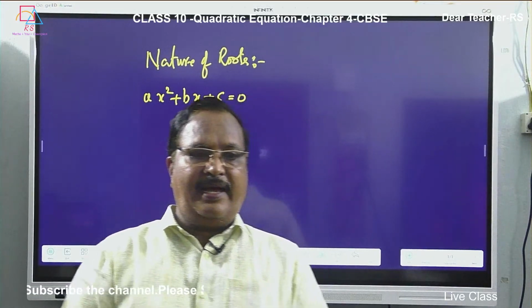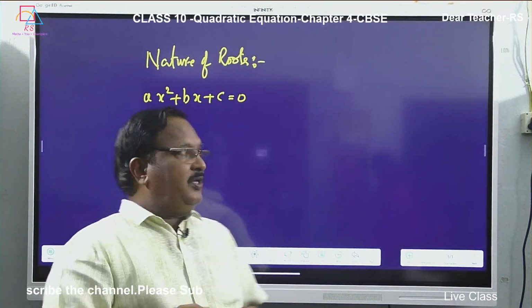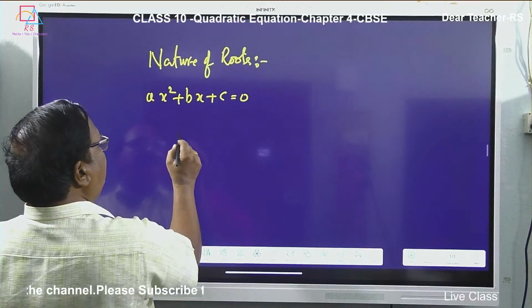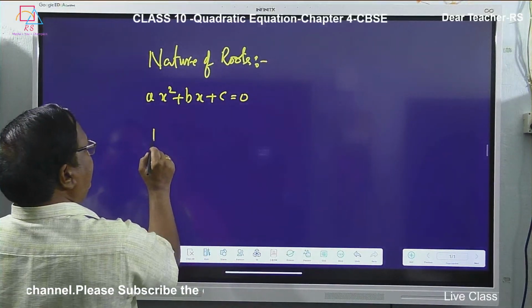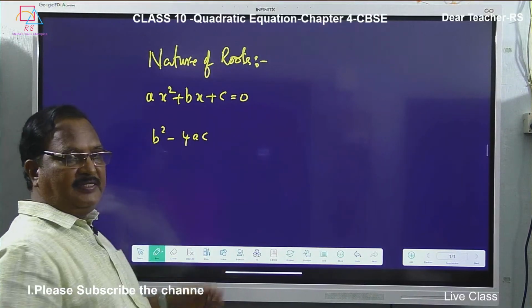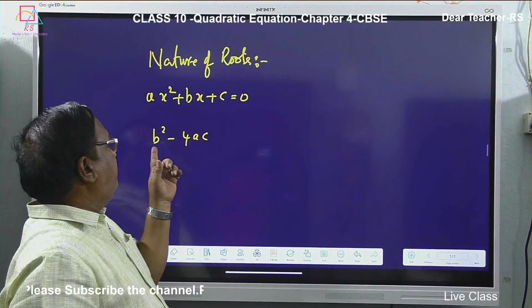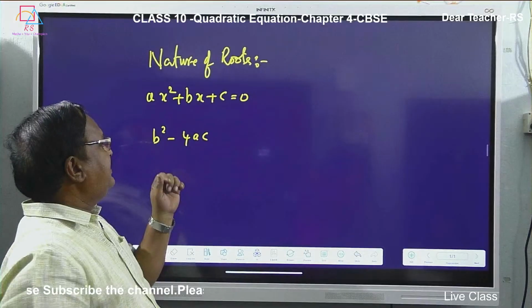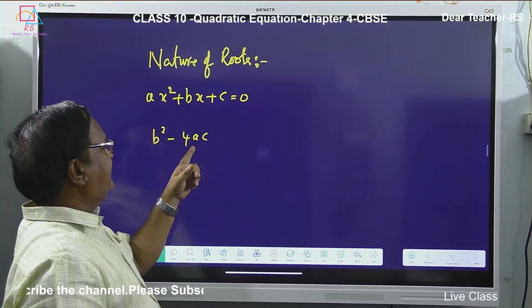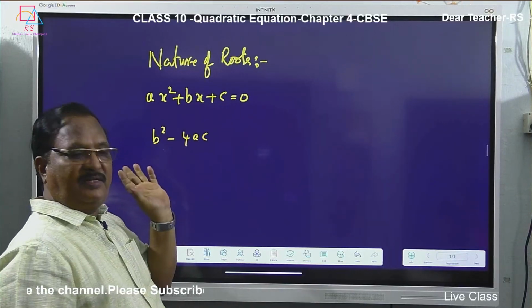Hi, Vicky Agarwal. So now the nature of these two roots depends on b square minus 4ac. b is the coefficient of x, 4 is 4 only, a is the coefficient of x square and c is a constant.